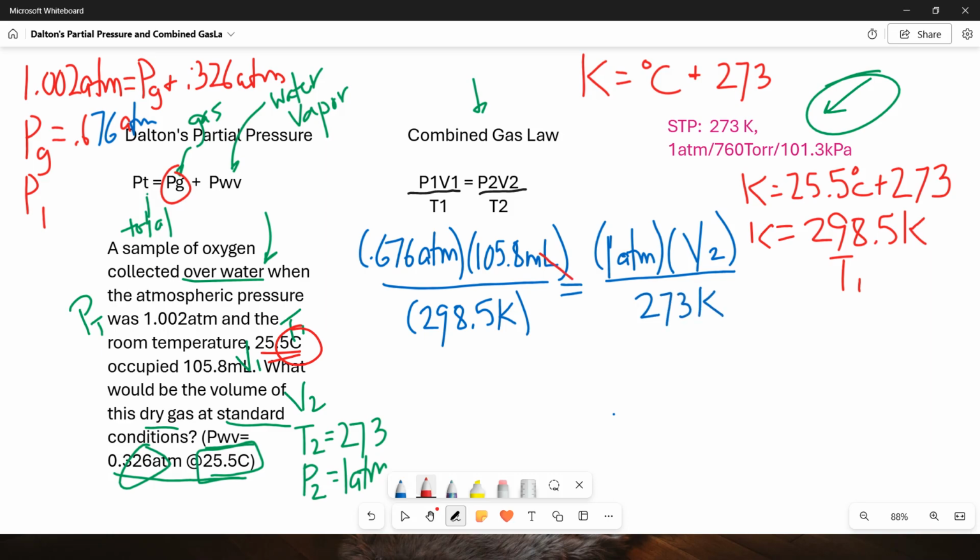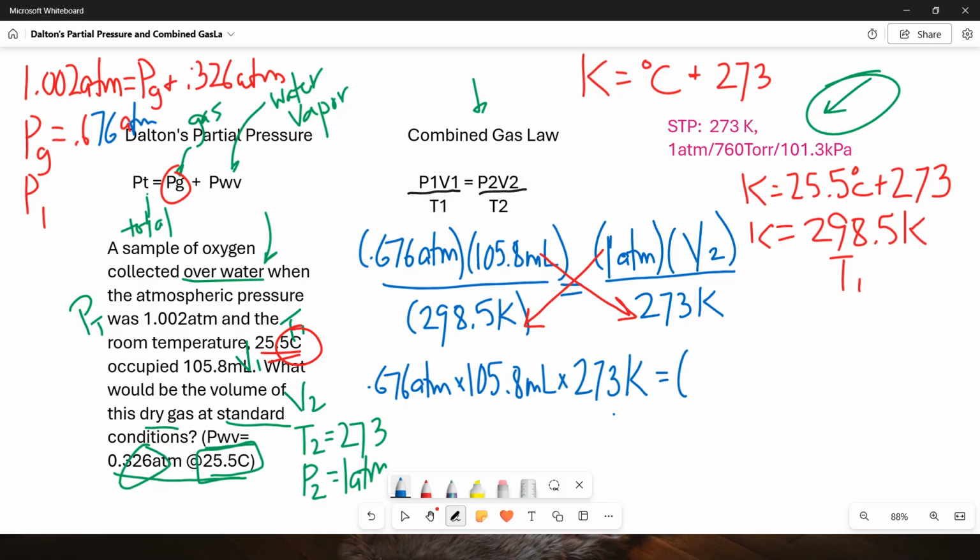To solve this problem, I'm going to take this top times this bottom and set it equal to this top times this bottom. So when we set this up, we are going to get 0.676 atmospheres times 105.8 milliliters times 273 K, and it's going to equal 298.5 K times the 1 atmosphere times volume 2.